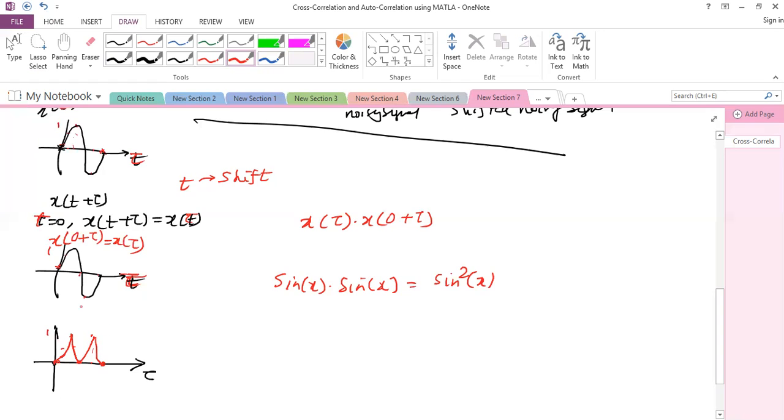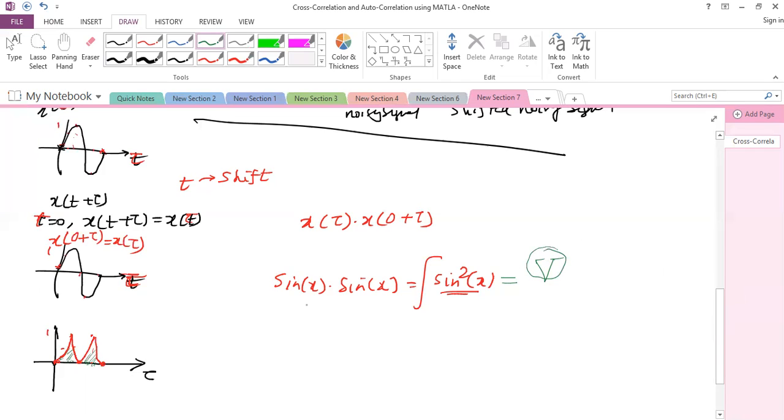Okay. Now the product value is this, but we have to integrate this for the entire duration. If you integrate the area under the curve, the area under this curve is the integration value. So integration value will be some number, some value v. Okay. Now we have to shift. This is the value for zero shift.